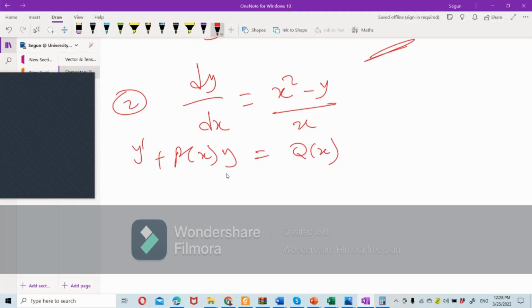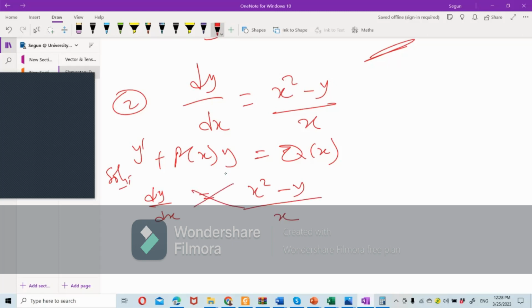So in this case, what we need to do is solve the y of x is equals to x squared minus y over x.